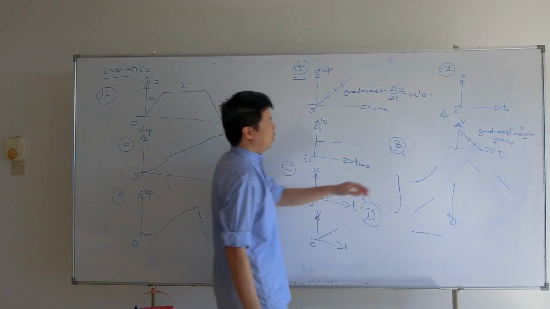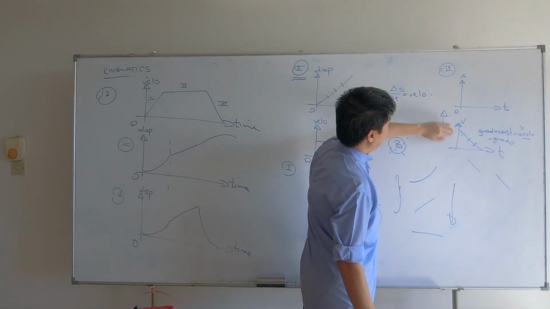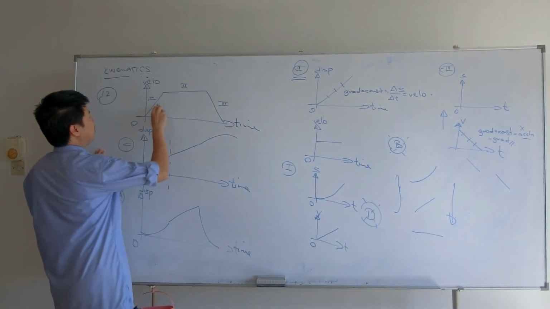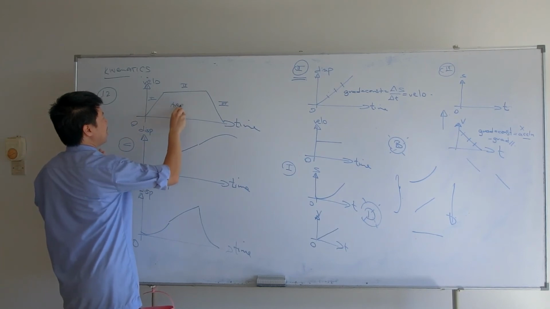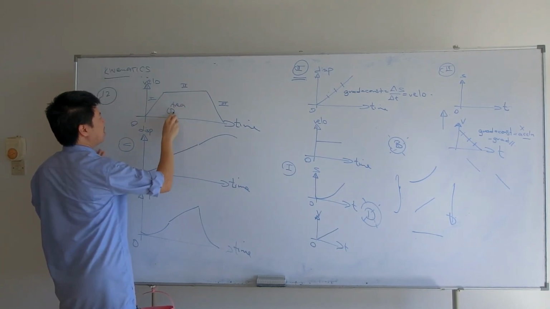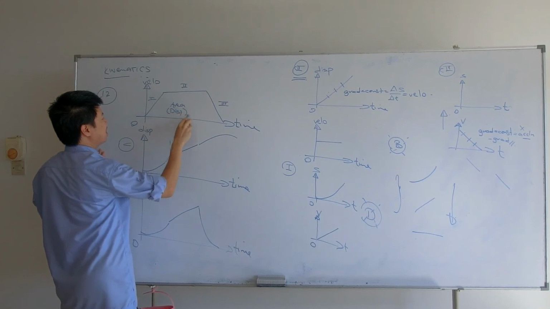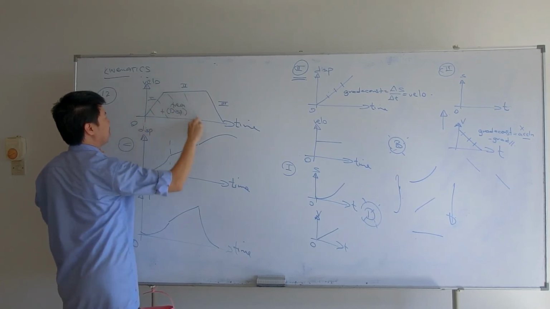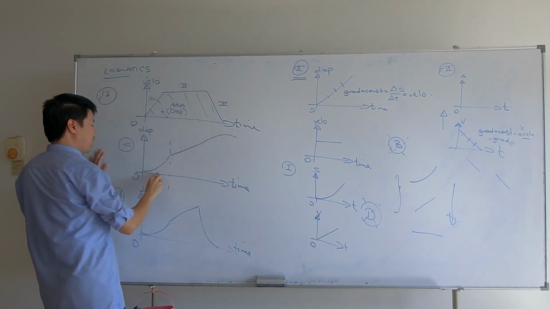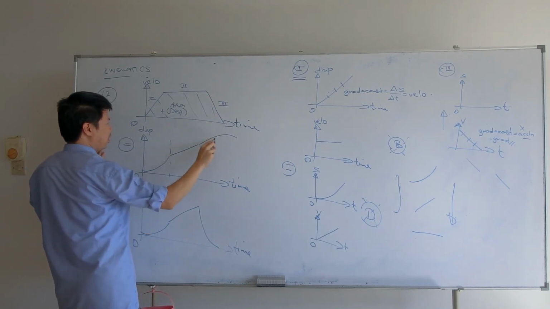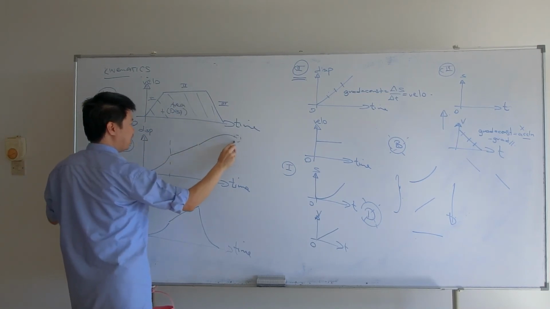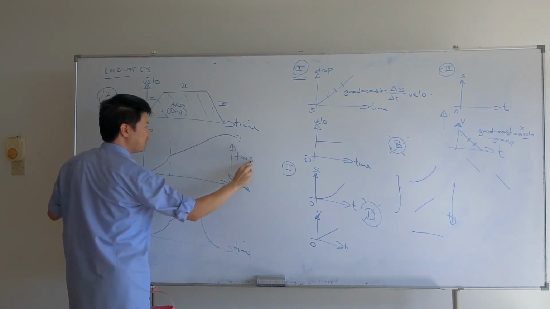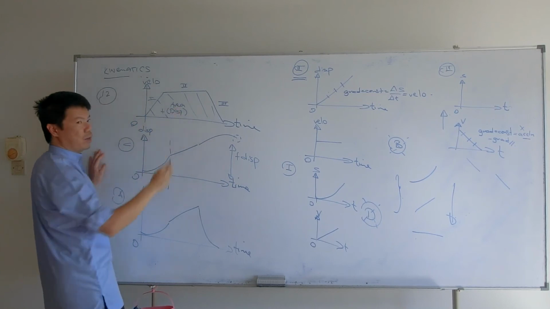If we do not want to find a technique to go back, we just use logic. What is the area represented in the velocity time graph? It is your displacement. In this case, this displacement is positive. Okay. What does this displacement show? It shows that in the very end here, there is still a positive displacement. Therefore, it agrees with the theory of the area.